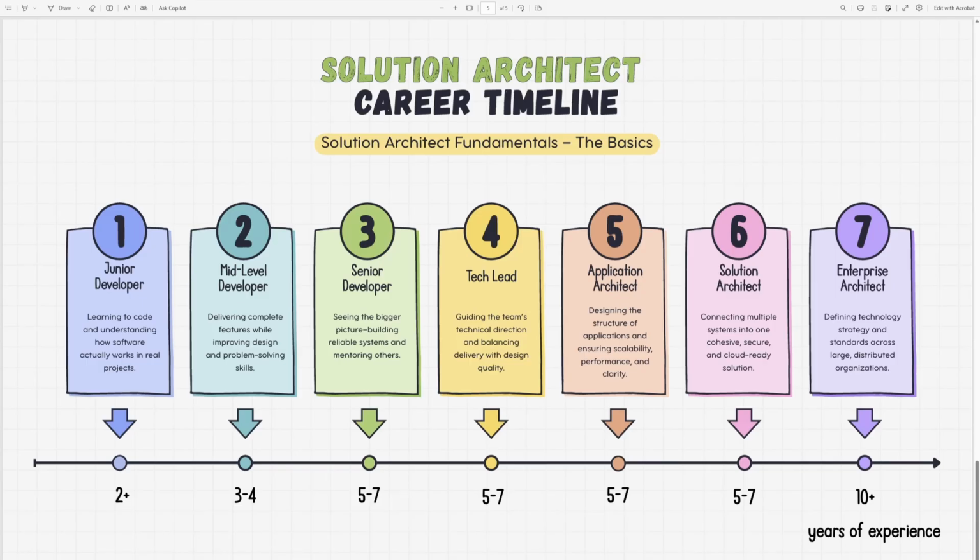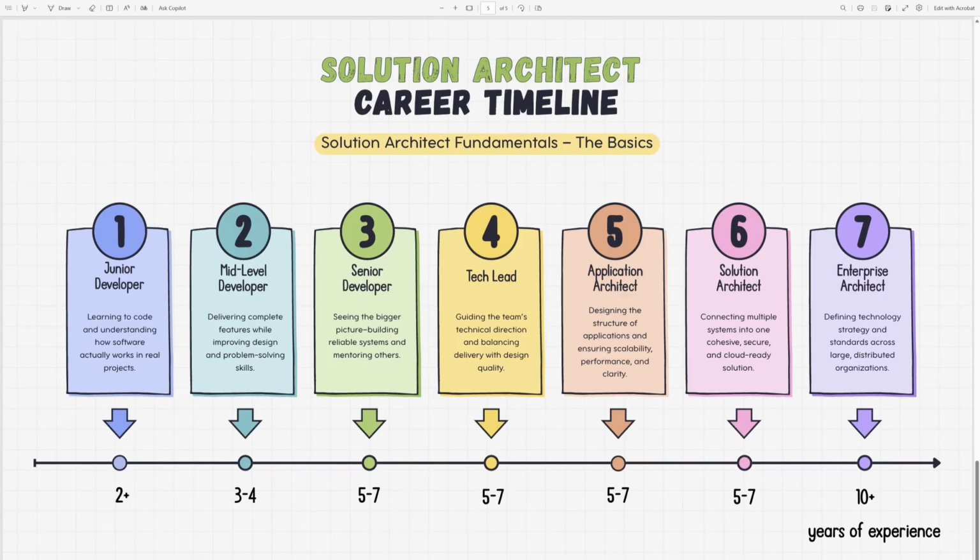And with time and experience, you can move further into enterprise architecture, defining strategy and standards across the organization. It's not an overnight jump, it's a journey. But everything you'll learn in this course will help you move along that path faster with real-world understanding. And like I said, these are just guidelines.